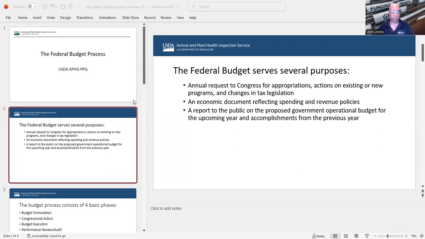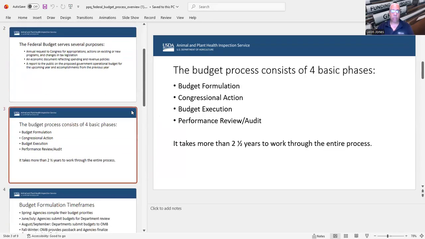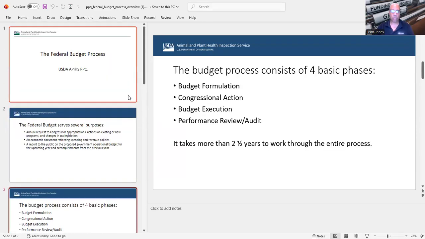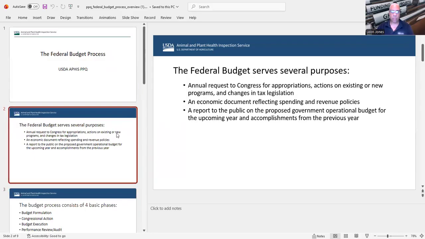Department of Agriculture. Now, I'm going to talk about the federal budget process. When we deal with the federal budget process, the federal budget serves several purposes.